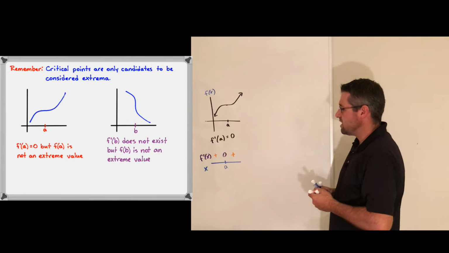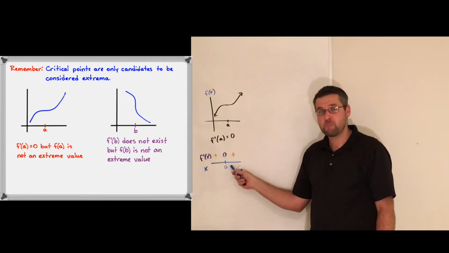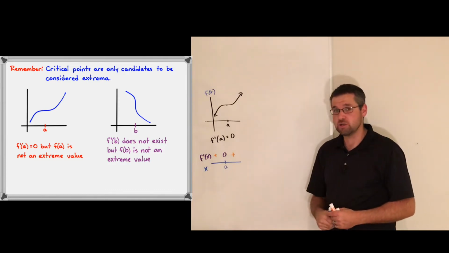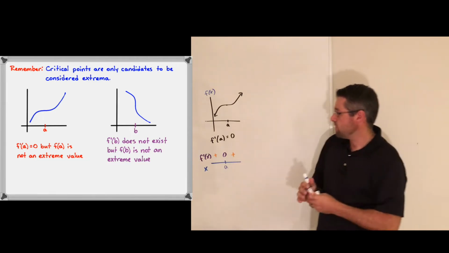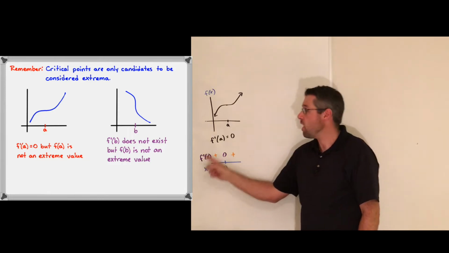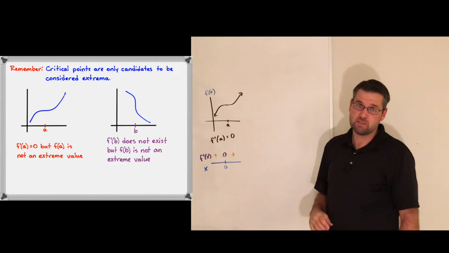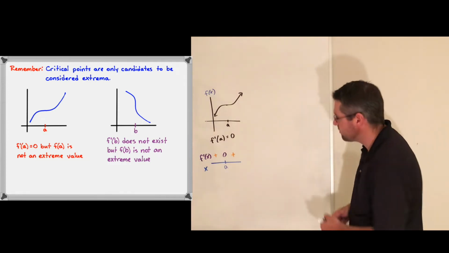So we notice that there was no sign change of the derivative at that point. If there is no sign change on the derivative of a continuous function, then we have no relative extrema there.